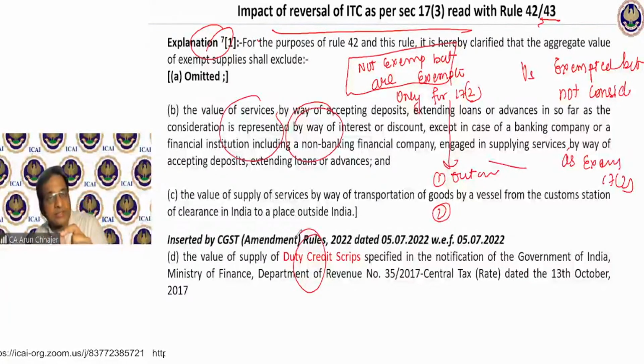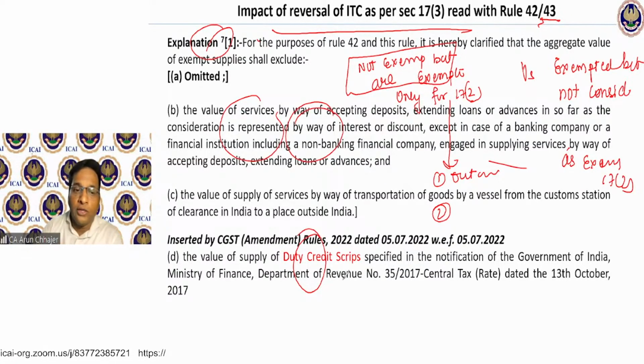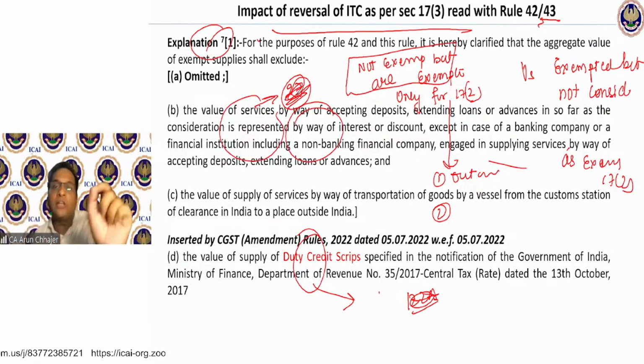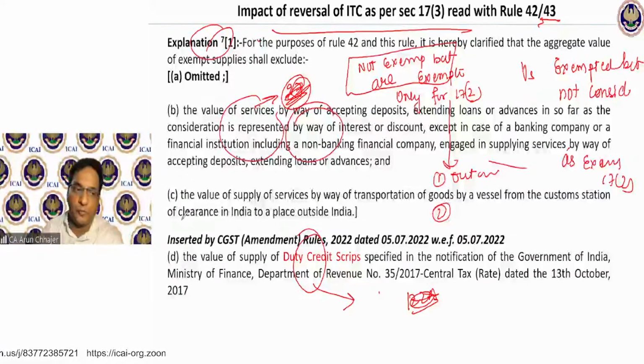One is interest other than banks, and second is duty credit scrip. This is exempted, and if you see the exemption notification, you will find para 122 something. And similarly, you will find para 727, which is an exempted supply, but this exempted supply will not be considered as exempted only for the limited purpose, that is 17(2).